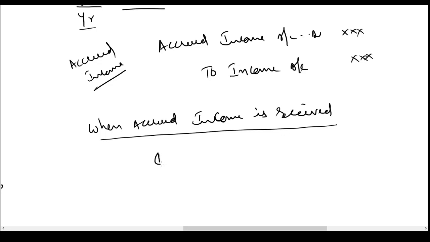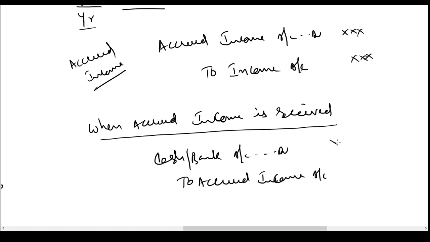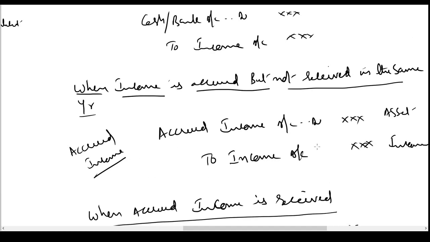So we'll pass the entry: cash or bank account debtor to accrued income account. This is an asset. This is an income. Here the same asset is realized in cash and we get cash instead. So this is how we deal with accrued income in our books of accounts.